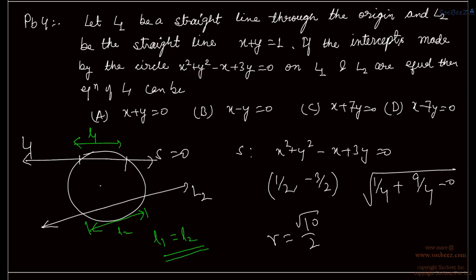It is given that L1 is equal to L2, right? So we have one theorem called equal chords are equidistant from the center. So since this L1 is equal to L2, this distance D1 must be equal to this distance D2. So we have D1 is equal to D2, right?